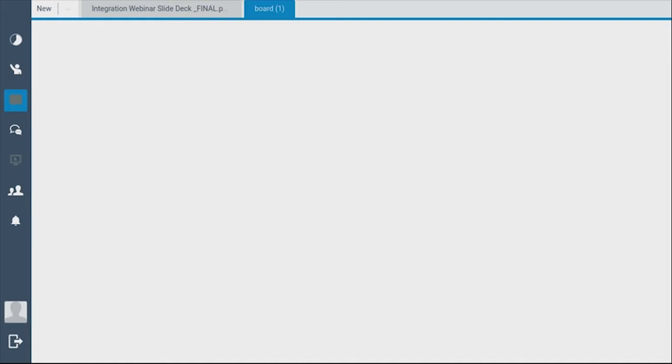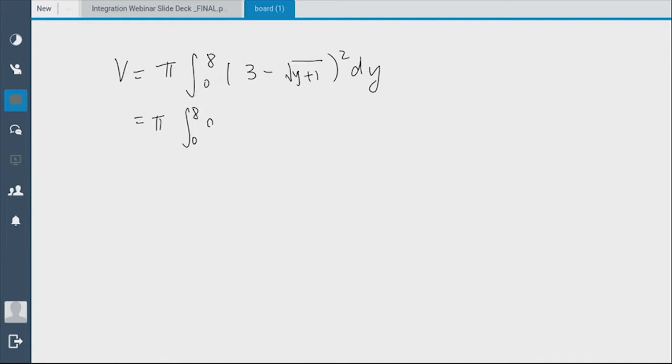All right. Starting with the fact we're going from 0 to 8. All right, so that's what we are integrating. Expanding that out, so square the first one. That's not what I want. Hold on, clean that up.